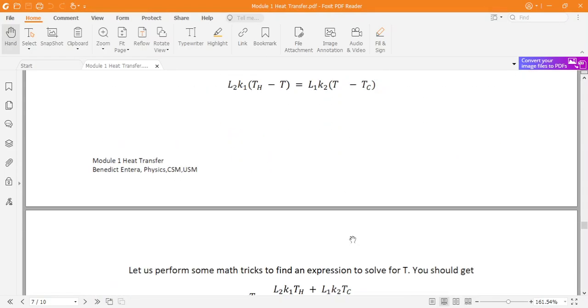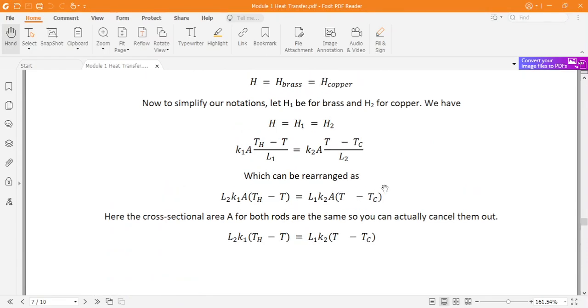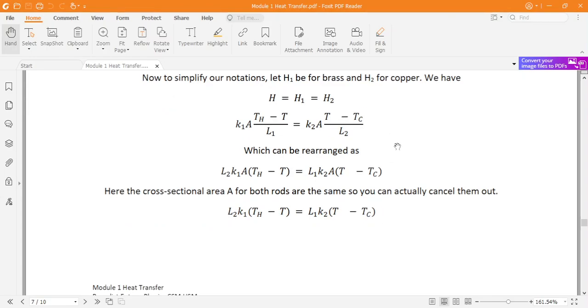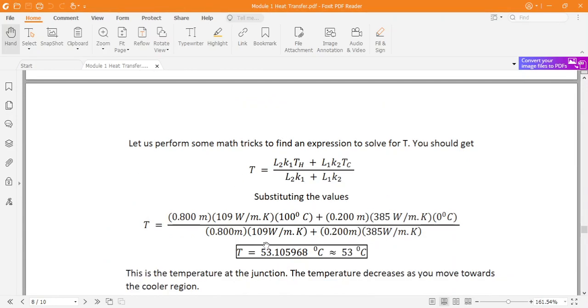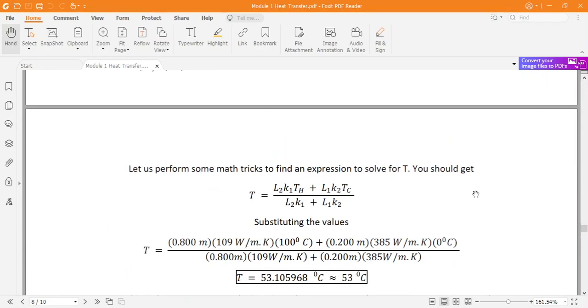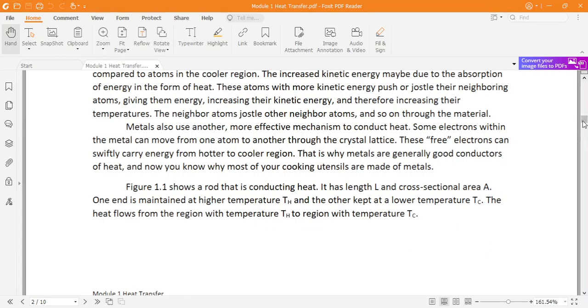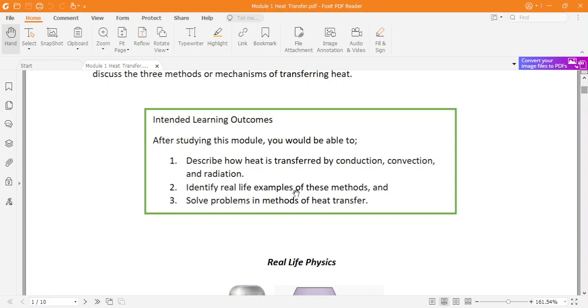As you notice in our examples, this is not very detailed, as if I did every step. I left some of the steps for you to practice. If some steps are missing, it is up to you. This will serve as practice, so you can review your mathematics. One of our ILOs, our intended learning outcomes, is that you can solve problems on your own.